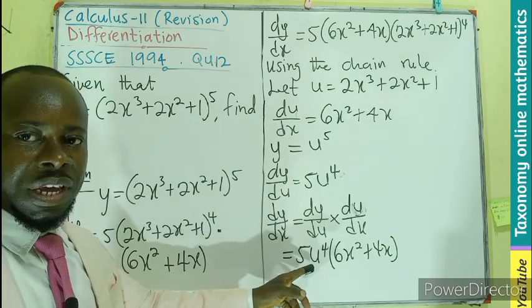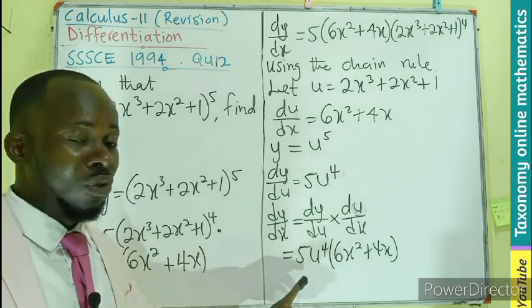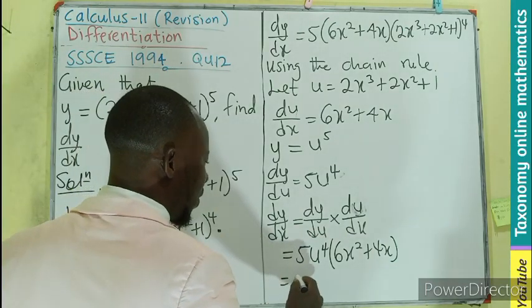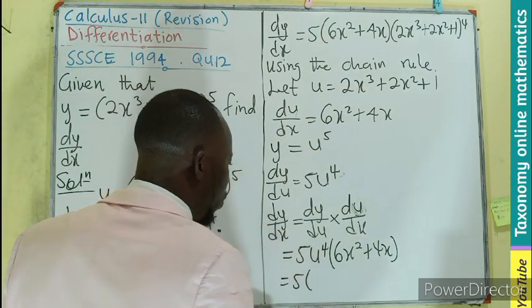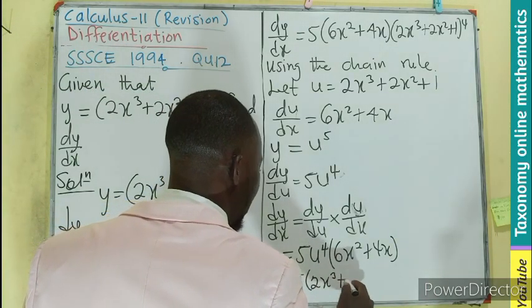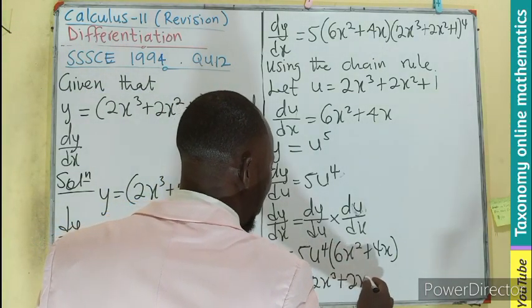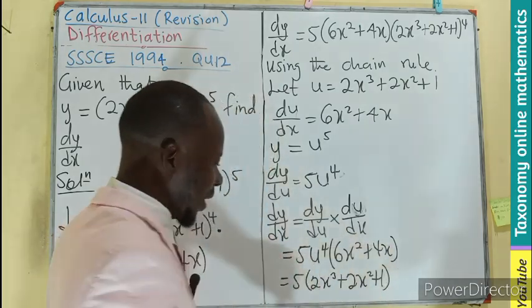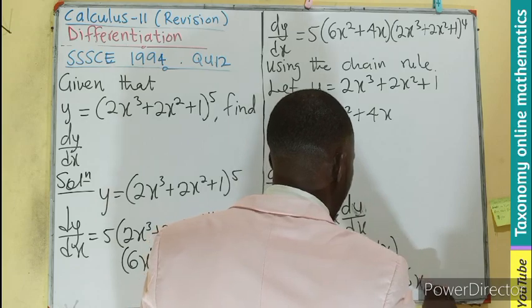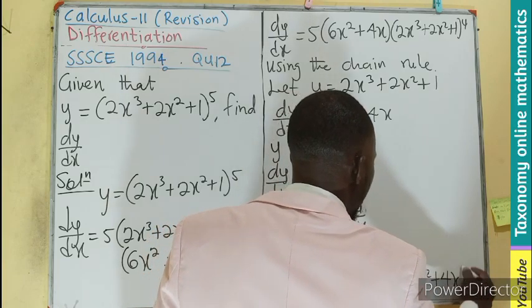But we can see that u is not in terms of x, so we can go back and say that 5u, where u is 2x³ + 2x² + 1, has a power of 4. Then we multiply by our 6x² + 4x.